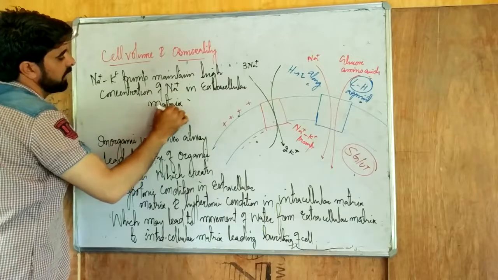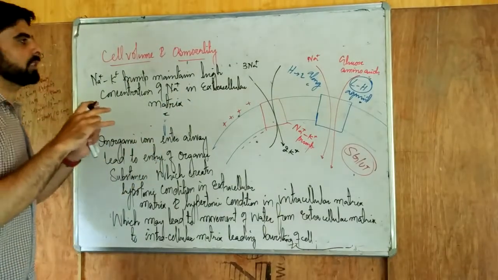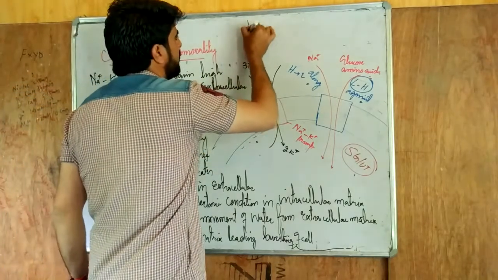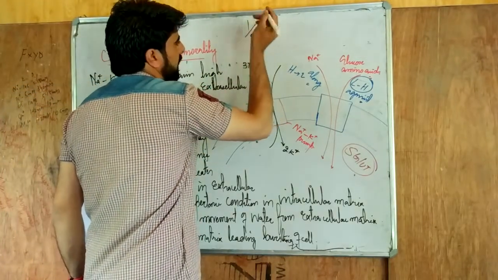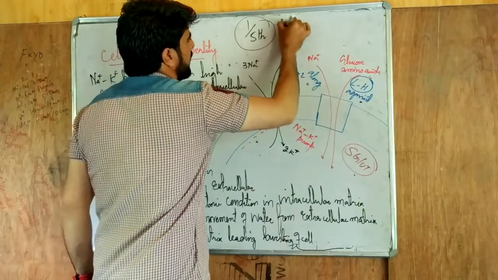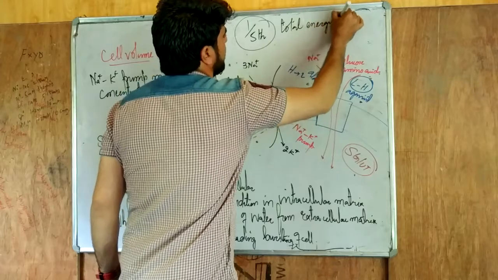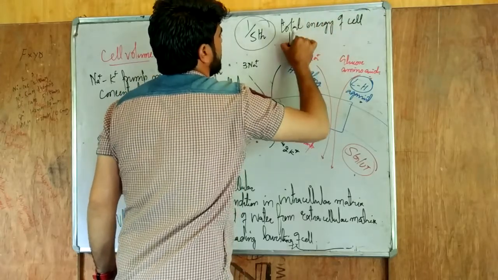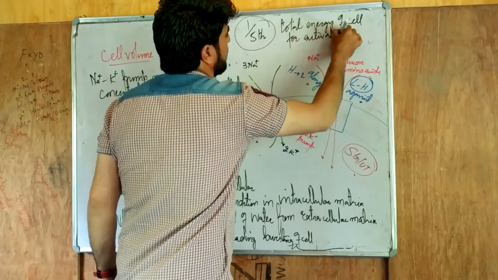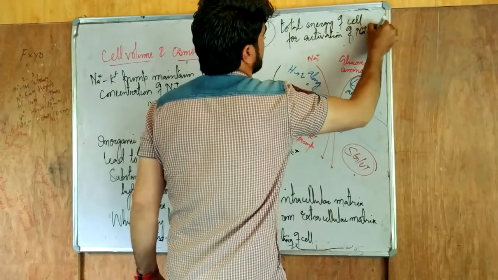Because it's continuously active. If anybody asks you which pump is continuously active, it's the sodium potassium pump. It's active at all times. In case of an animal, a normal animal cell may use 1/5 of the total energy of the cell for activation of the sodium potassium pump.